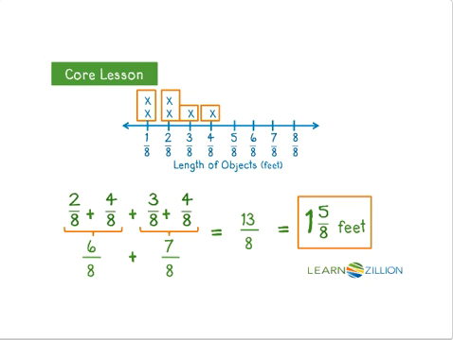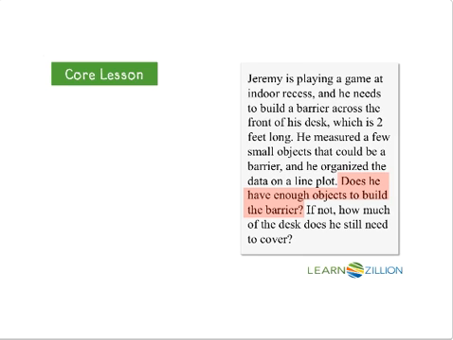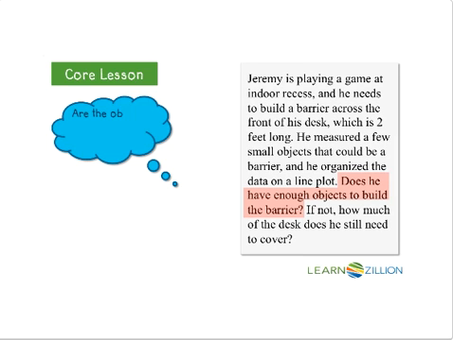We know how much of the desk the objects cover, but is it enough for Jeremy's barricade? The desk is 2 feet long, and that is greater than 1 5/8 feet long, so the objects aren't quite enough.